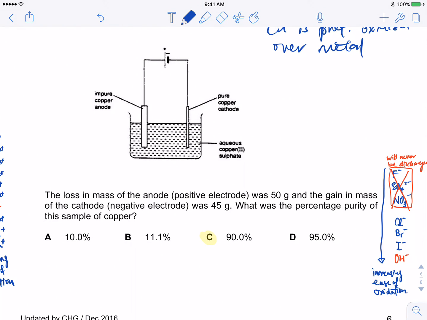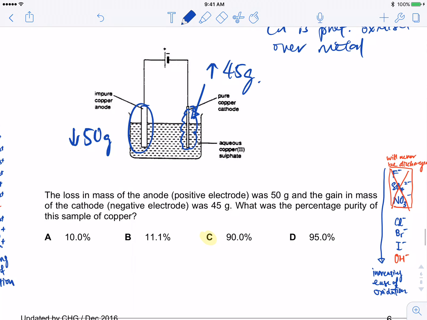So over here, the loss in mass of the anode was 50 gram, and the gain in mass of the cathode was 45 gram. What was the percentage purity of this sample of copper? Oh, you don't even need to understand anything. Okay, so now what we need to know is the impure part, there's a decrease in mass of 50 gram. But over here, where there's a new metal formed, there's a gain of 45 gram.